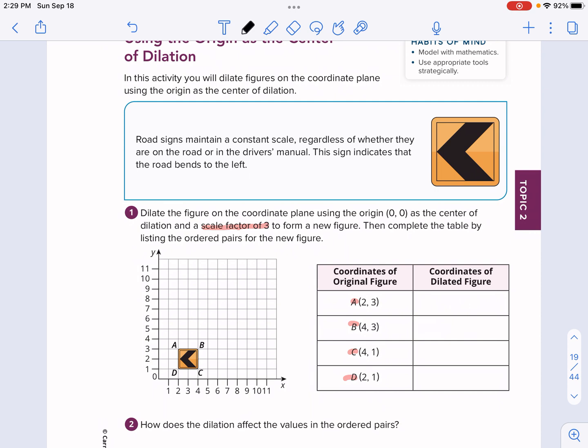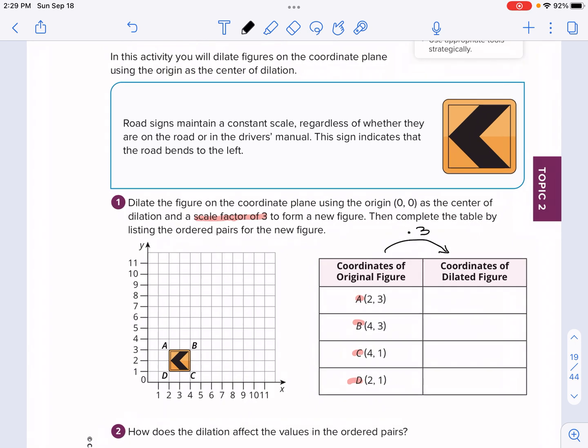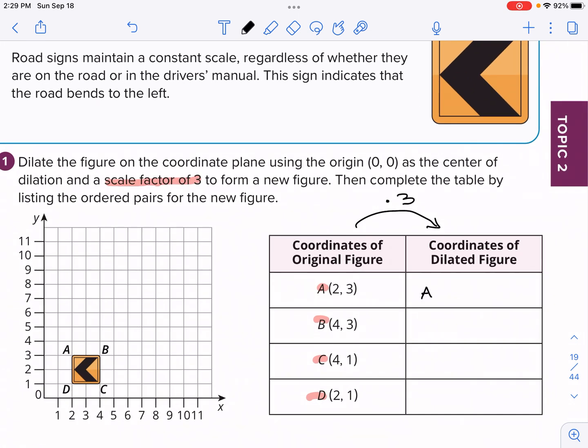Since our scale factor is 3, that means I'm going to multiply everything by 3 here. So let's go ahead and put what A prime, B prime, C prime, and D prime are. If we multiply each one by 3, A prime is 6, 9. If you multiply 2 times 3 is 6, 3 times 3 is 9. Let's graph that. 6, 9 is right here. We'll label this A prime.